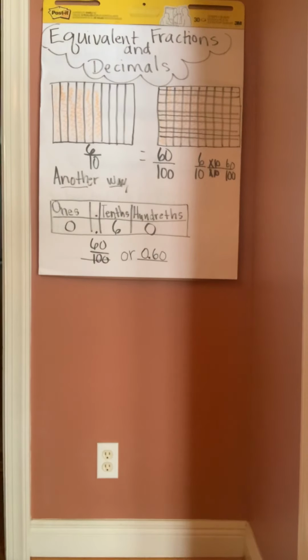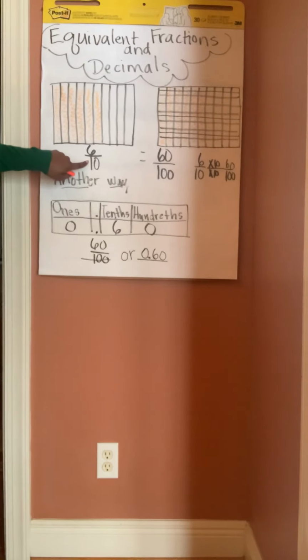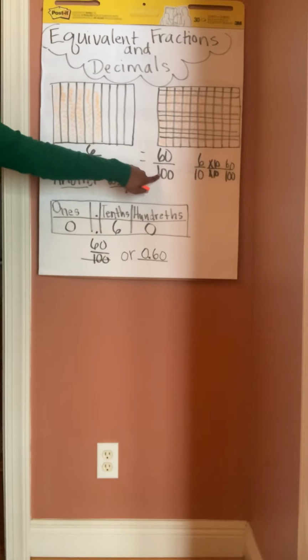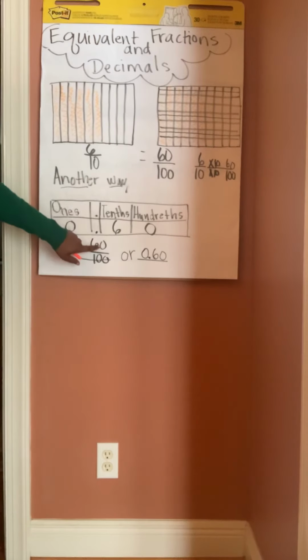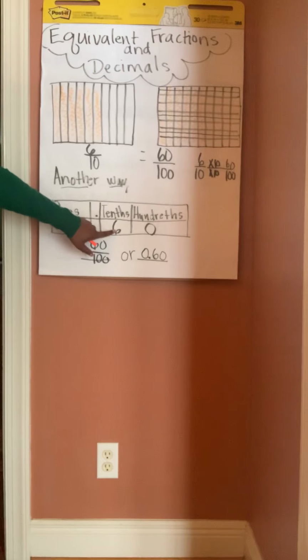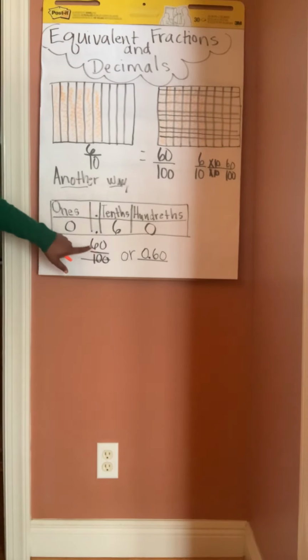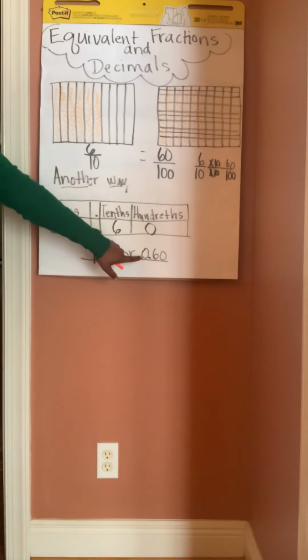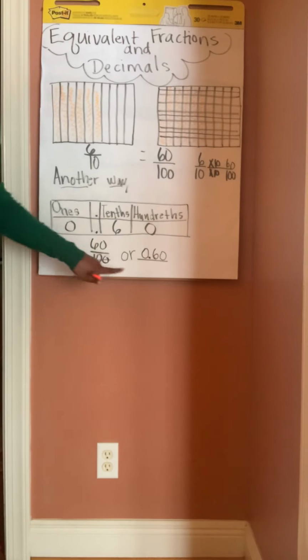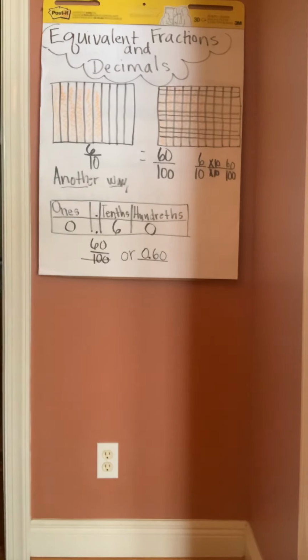Okay? It says, explain why 6/10 is equivalent to 60 hundredths. So how is 6/10 equal to 60 hundredths? We notice in our place value chart that when we write 6/10, the 6 is under the tenths, and we have 0 hundredths. So we have 60 hundredths. They represent the same amount.